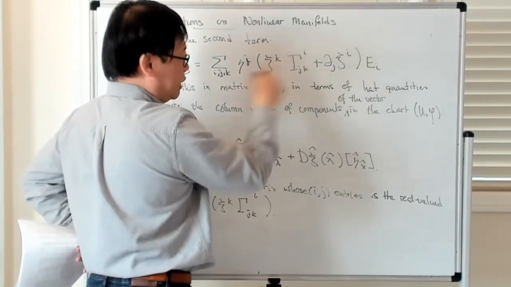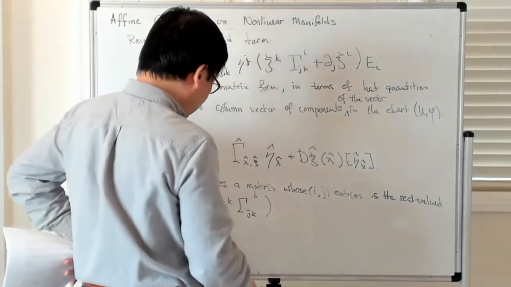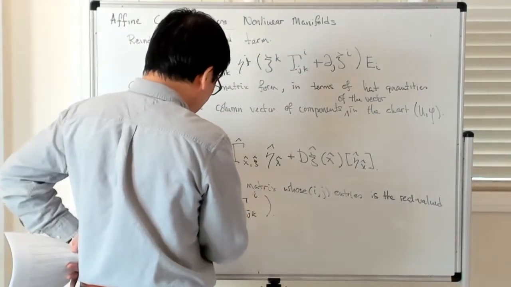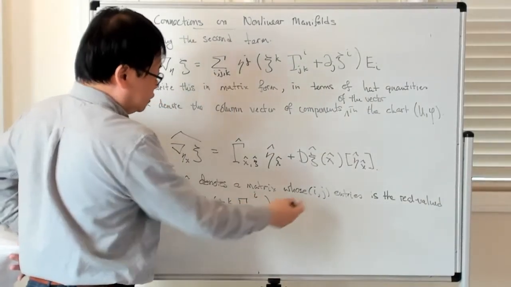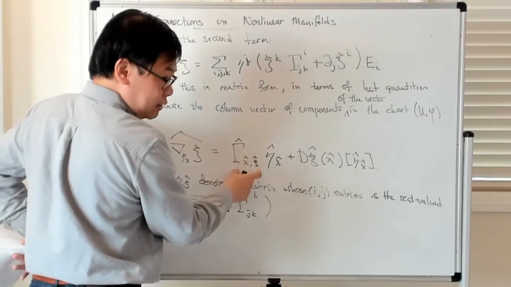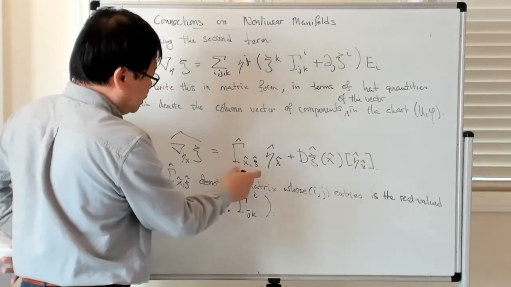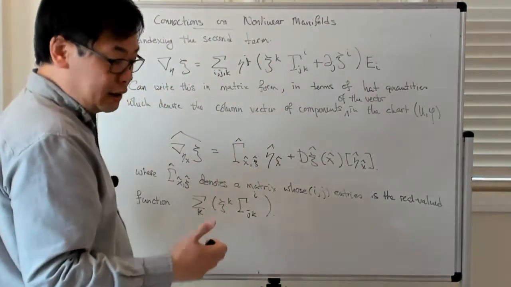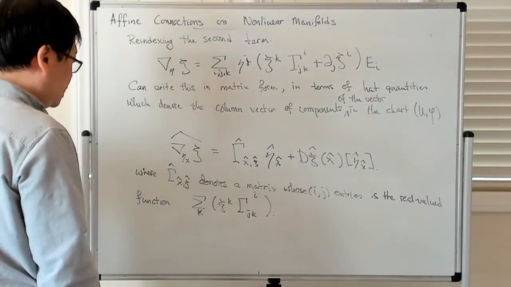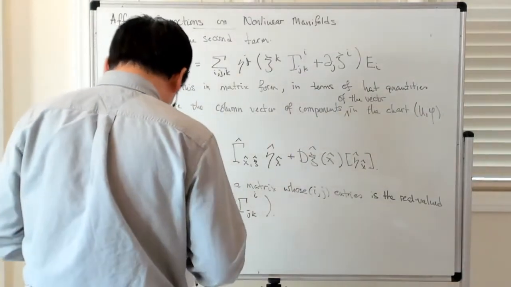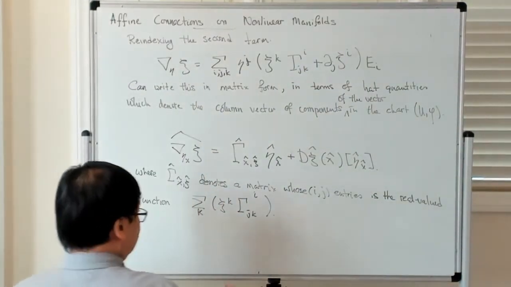That gets rid of that k index, and you're only left with an ij index. So this is why you can think of this as an honest to goodness matrix now, which is a bilinear operator in some sense. And then you have to evaluate this at x.